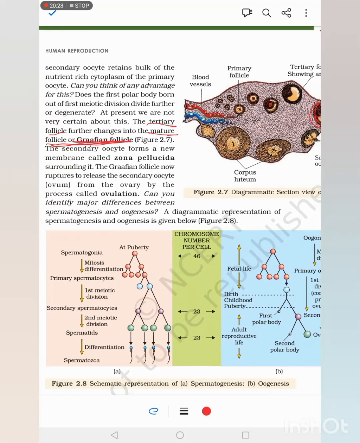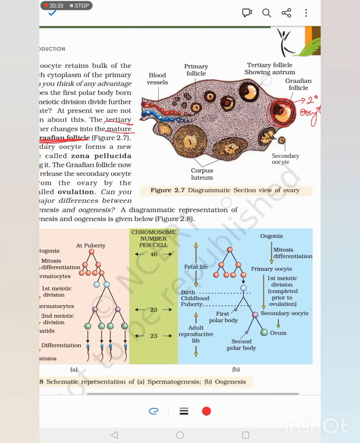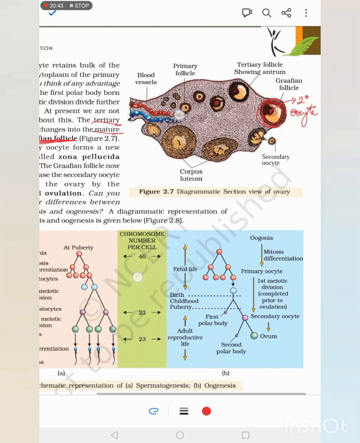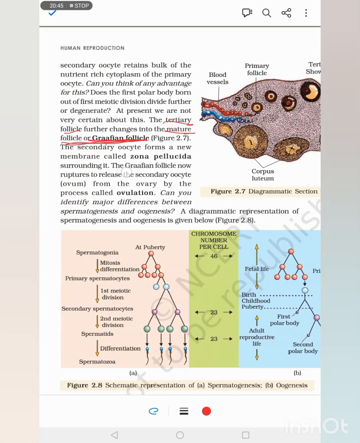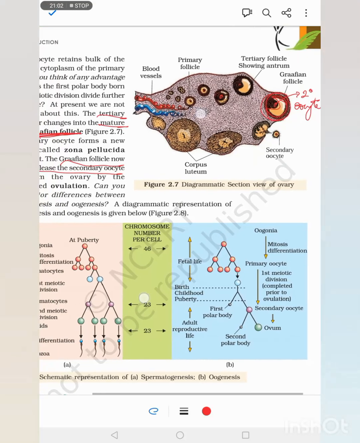By the Graafian follicle stage, the secondary oocyte develops a zona pellucida, an acellular layer covering the secondary oocyte. The Graafian follicle ruptures and the secondary oocyte is released from the ovary, and that process is known as ovulation. Release of a secondary oocyte from the Graafian follicle is known as ovulation.